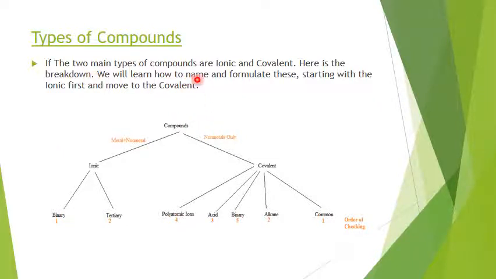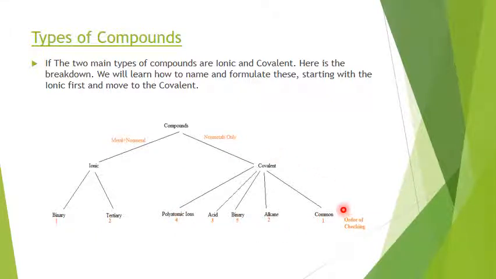So what we're going to do is be able to come up with names and formulas for ionic and covalent compounds. So the first thing is ionic compounds will always have an element from the left side of the table and the right side of the table, while nonmetals will only have it on the right side. All right, and then we have our ionics and covalents.